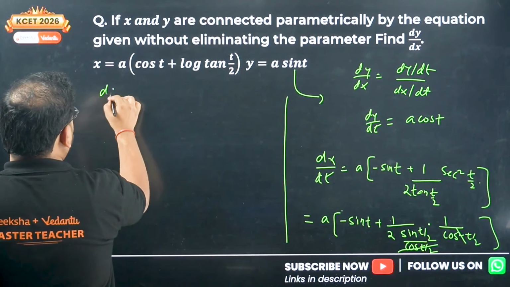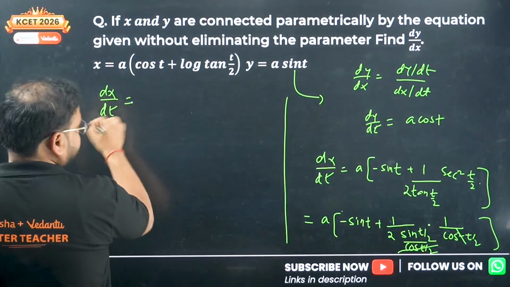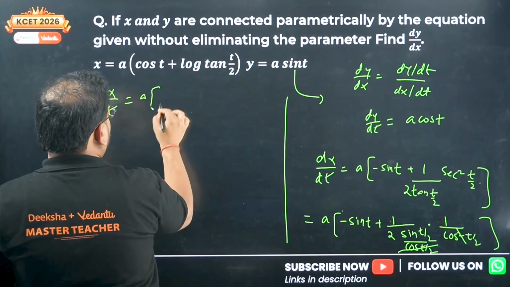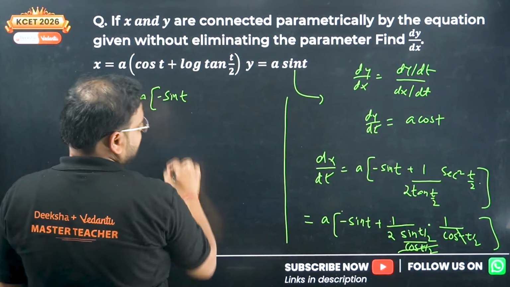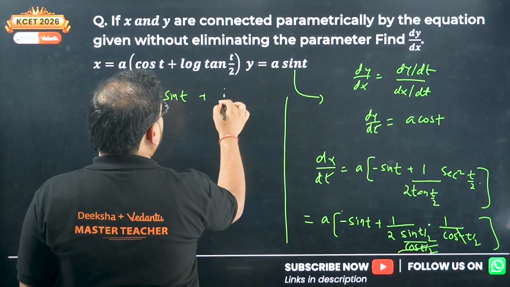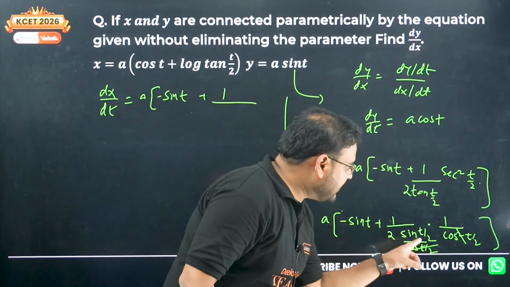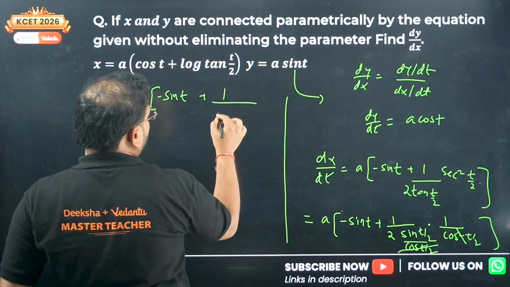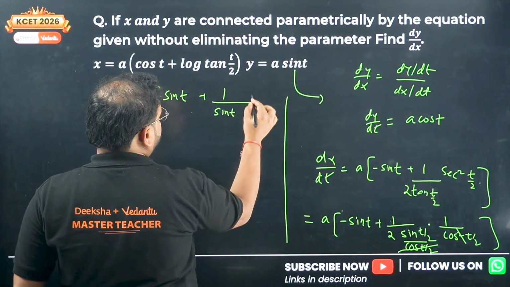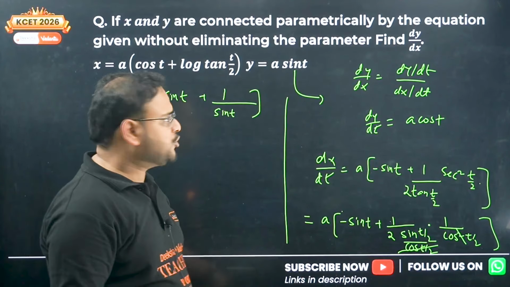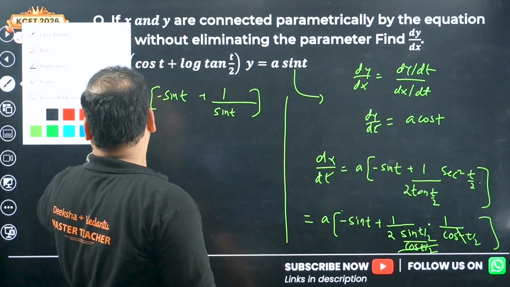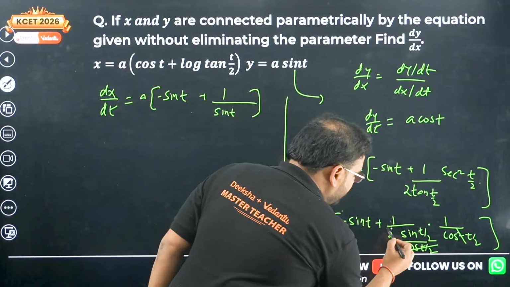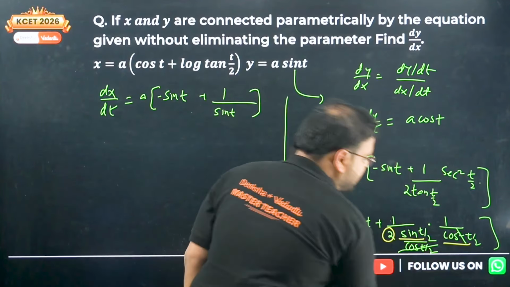Last step for this particular derivative. a as it is. We have minus sin t as it is. And this becomes 1 by 2 sin t by 2 cos t by 2. The formula is sin 2 times of t by 2, so sin t. Not sure? Have a look. No problem. 2 sin t by 2 cos t by 2.